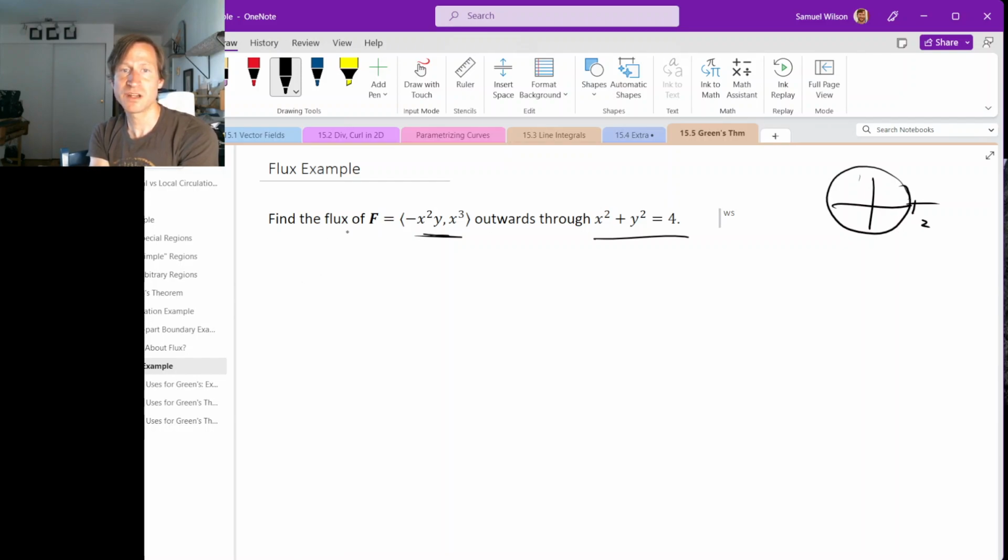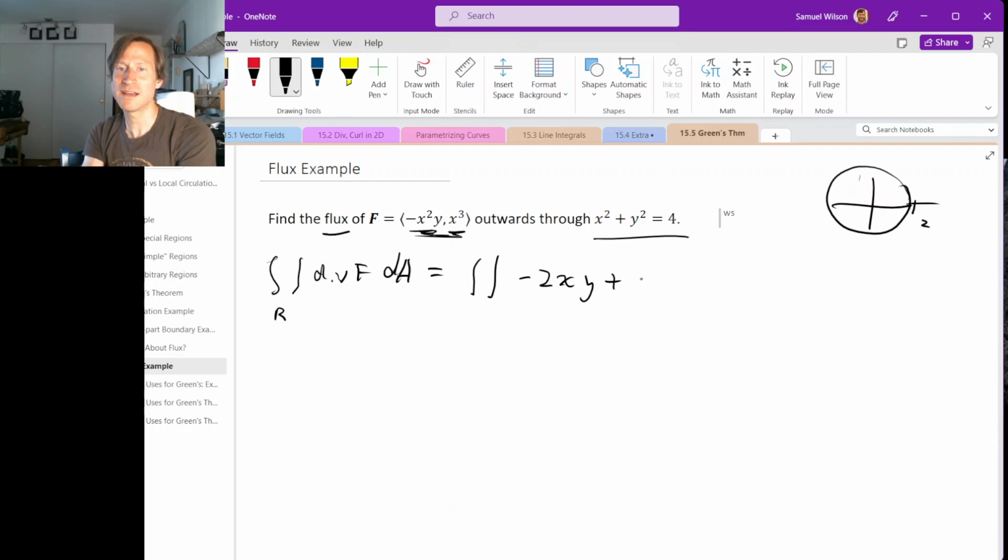So instead of finding a flux, we could do a double integral of divergence of this vector field. So to see if this would be easier, let's calculate the divergence of this vector field. So partial M partial x is going to be minus 2xy plus partial N partial y, well, that's 0, dA.